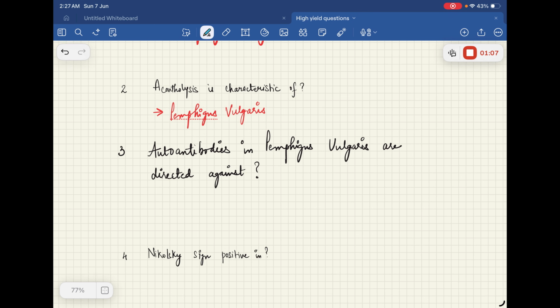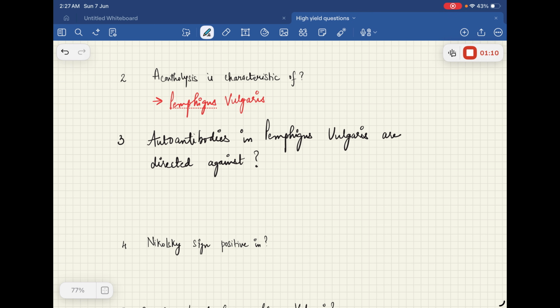Next question. Autoantibodies in pemphigus vulgaris are directed against. The answer here is desmoglein 3, or in some cases desmoglein 3 plus desmoglein 1.